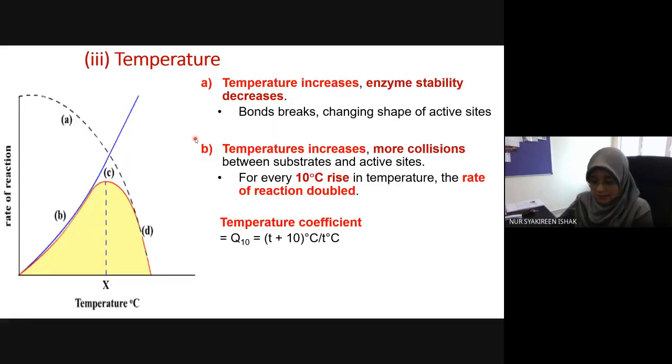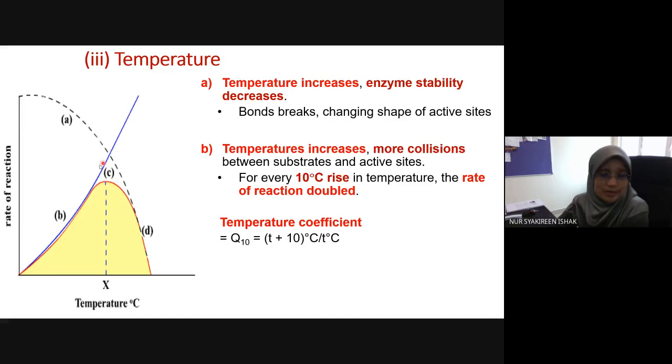So the next factor is temperature. In this graph, you have 4 points. Graph A, the dotted line here. Graph B, the blue line here, and then point C, the optimum.